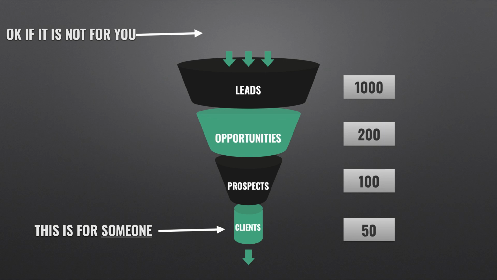And maybe that's only 200 people. And maybe, if we're talking about the next step, which is prospects, these are people that have hopped on a call with us and made some sort of further commitment to us. So we know they're quite interested. And of that initial 1,000 leads, we're looking there at only 100 people. That's 10% of the numbers.